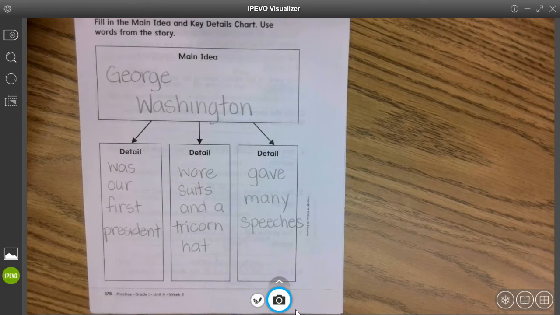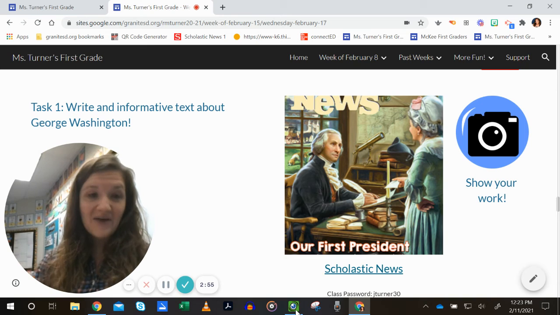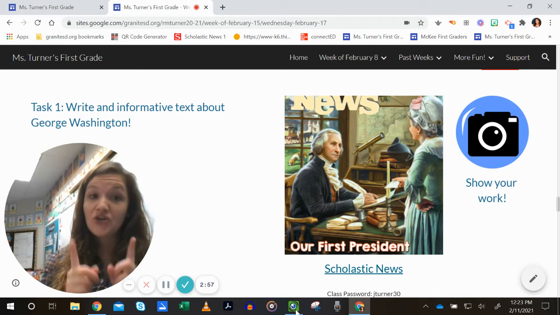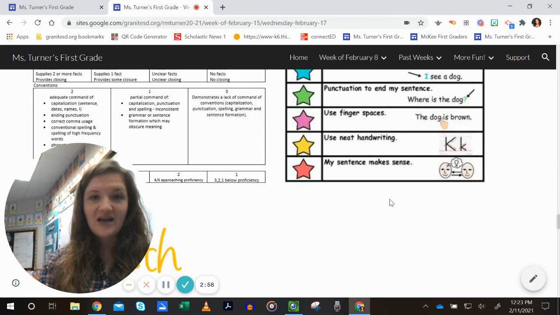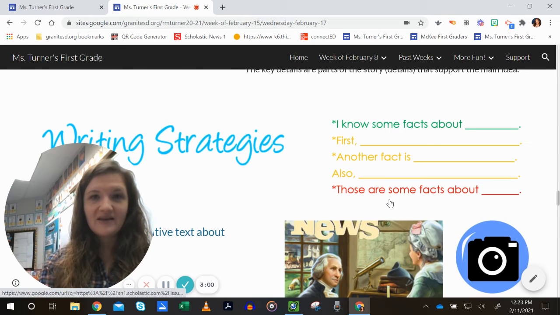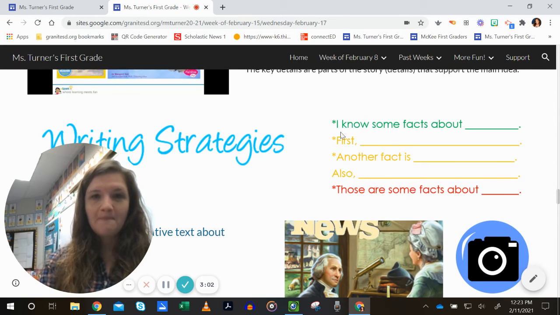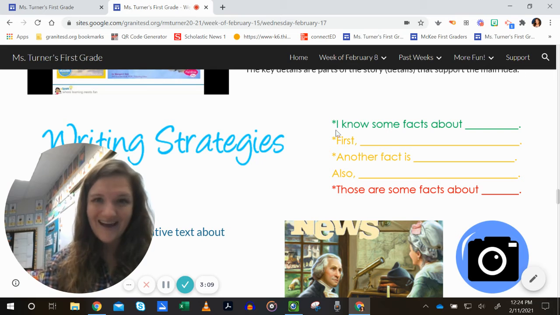Okay, so that is the example of mine, and I want you to use the facts that you wrote down and use that format. Remember, here on our page, we have example of the format. Notice I know some facts about blank has the star by it because you have to do that.